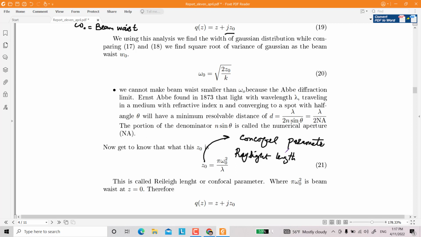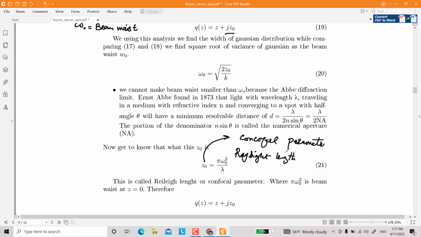And what does it say? Rayleigh length says that if the wavelength of the beam is larger, the Rayleigh length will be smaller. Similarly, if the beam waist is larger, the Rayleigh length will be larger.